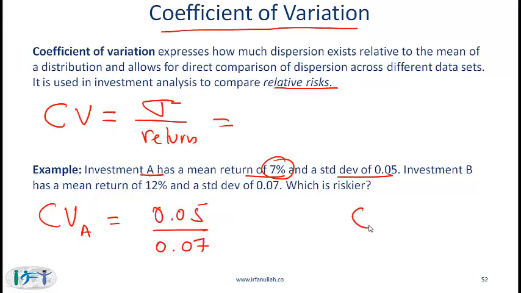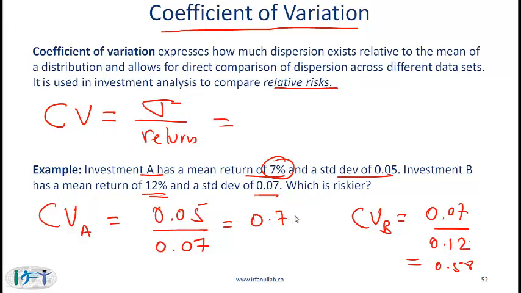The coefficient of variation for B is equal to the standard deviation, which is 0.07, divided by the mean return, which is 0.12. The investment with the higher coefficient of variation is more risky. So you actually need to solve these two and figure out which one has the higher coefficient of variation. Investment A has a higher coefficient of variation and is therefore more risky.